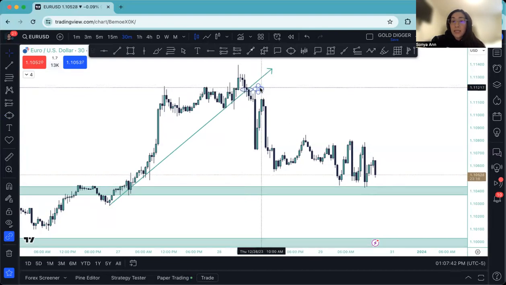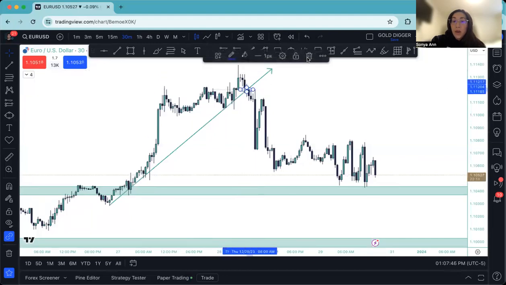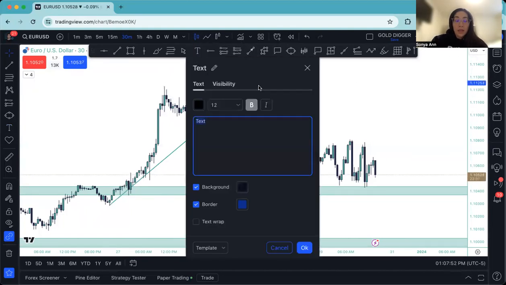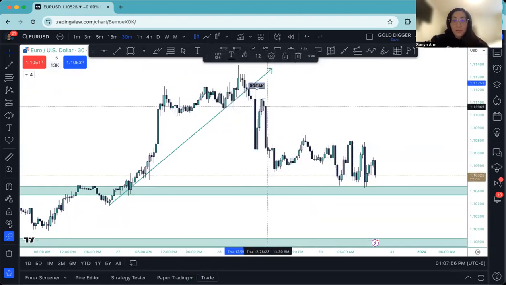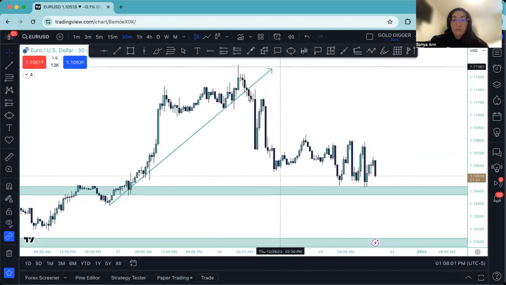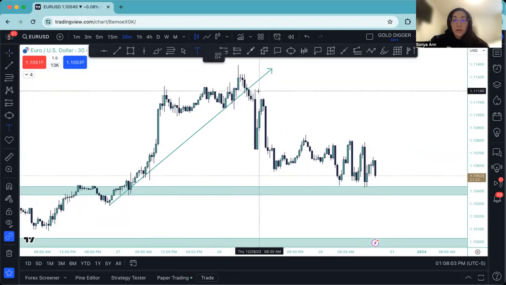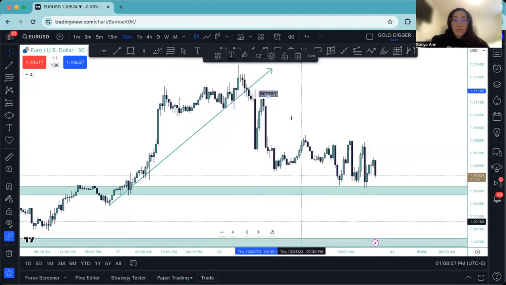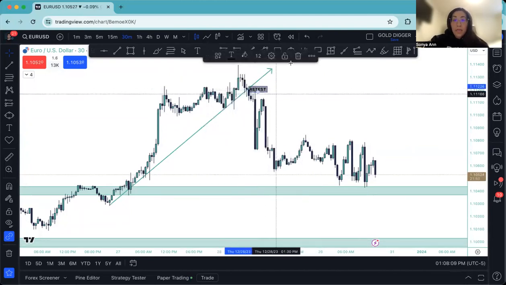You can mark it up like that, or you can use the text and say break, put it where the break is, and then retest. Like that.